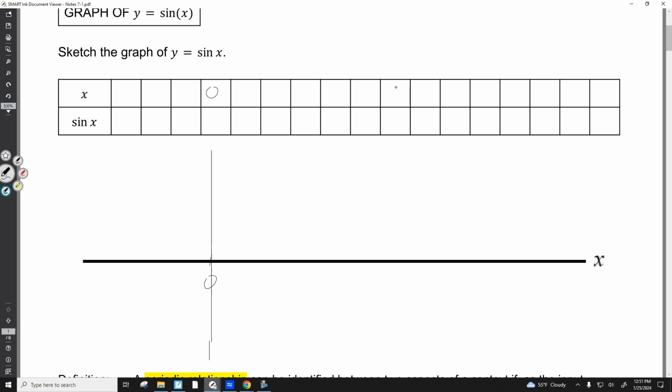I'm not going to put 1 here. I do know what pi over 3 is, and I know pi over 3 is close to 1. So I'm going to put this tick mark down at pi over 3, and understand that this value is close to the value 1. This is a decimal close to the whole number 1.